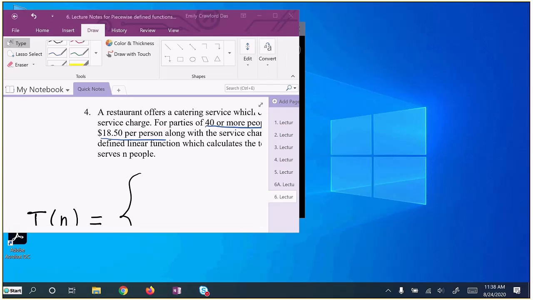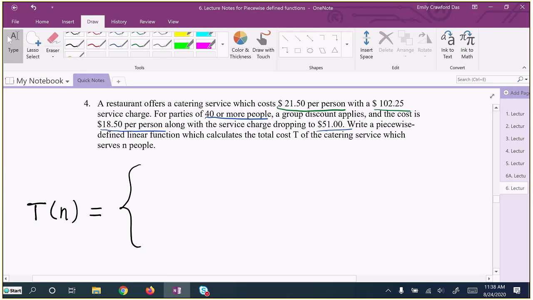So where does our domain get split up? Well, it seems like it has to do with the number 40. 40 or more. So 40 or more means greater than or equal to 40, because it's 40 or more.